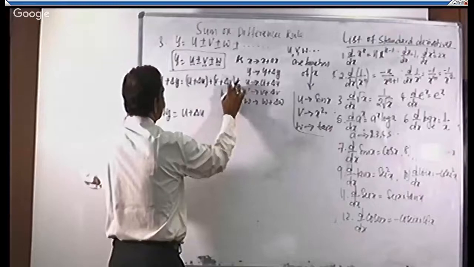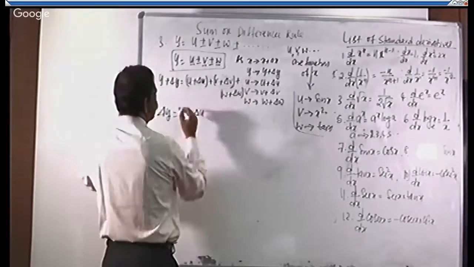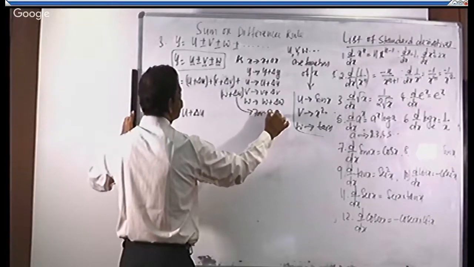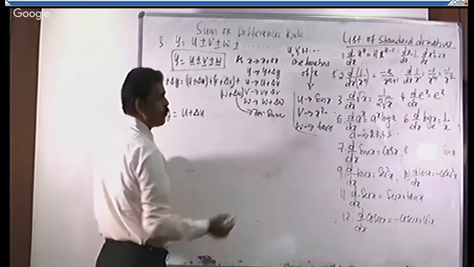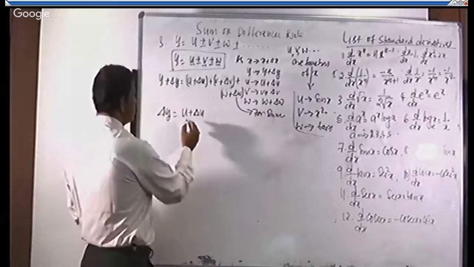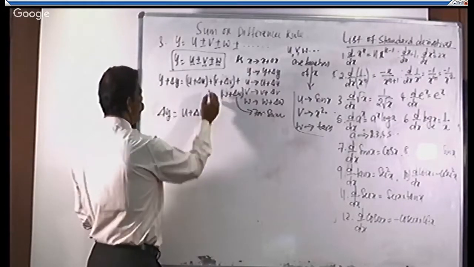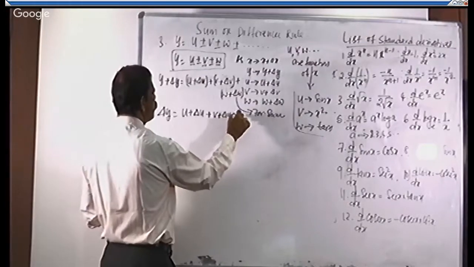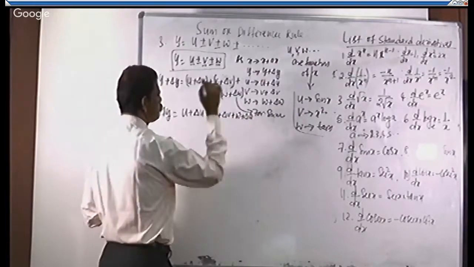I am deriving it for plus only; the same thing can be extended for difference. So y plus delta y is u plus delta u plus v plus delta v plus w plus delta w.